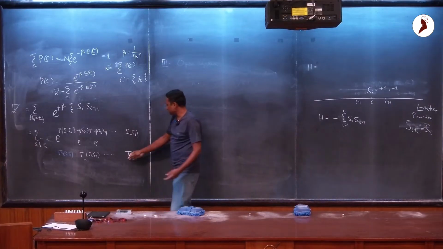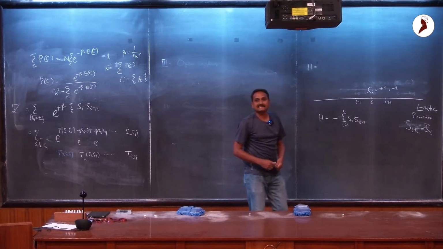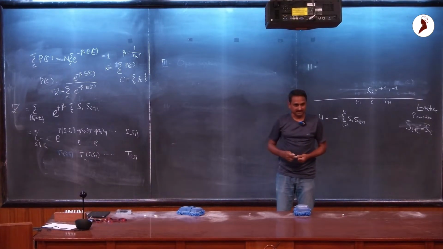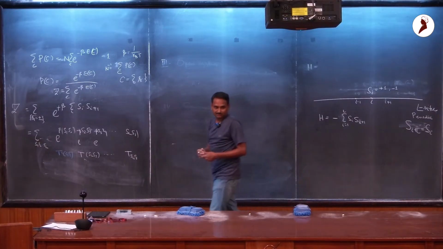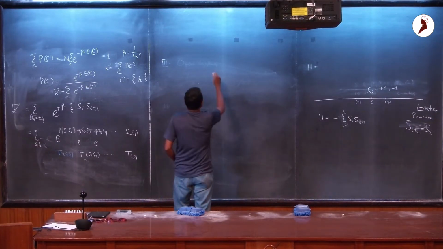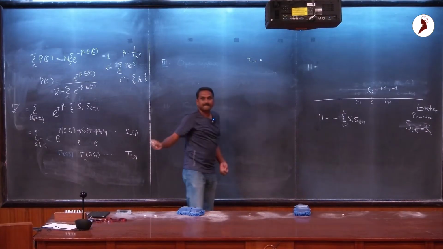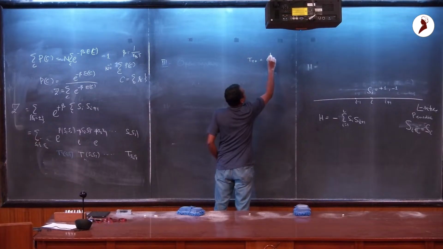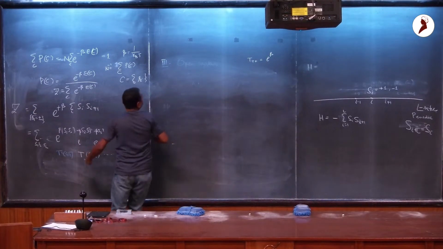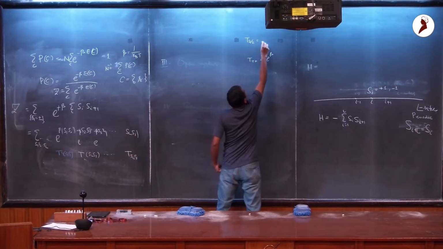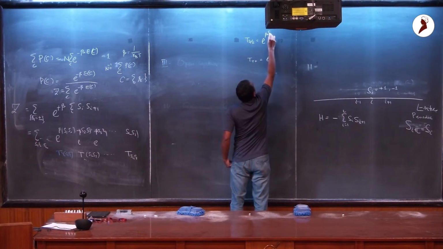So how many possible values can this T take? It's a function. S1 can be plus or minus 1, S2 can be plus or minus 1, so there are 4 values. And what is T plus plus? By definition, T S1 S2 equals e to the power beta S1 S2.